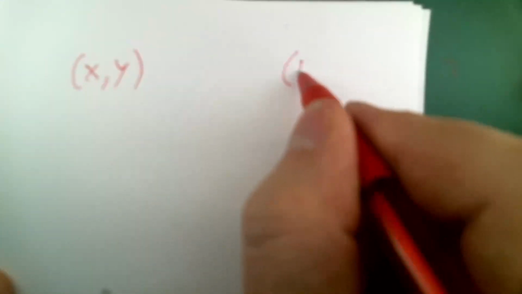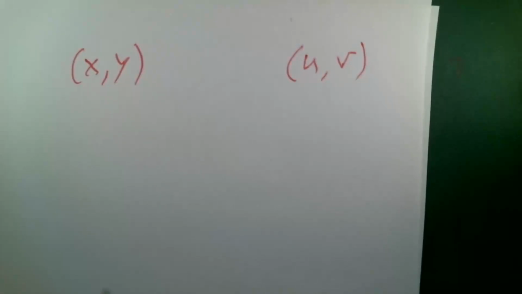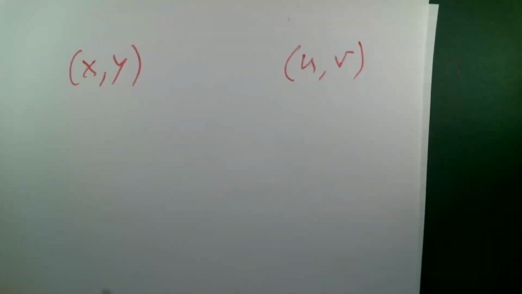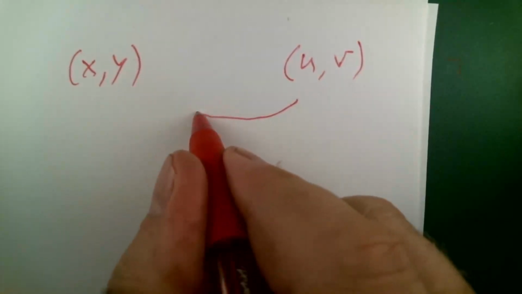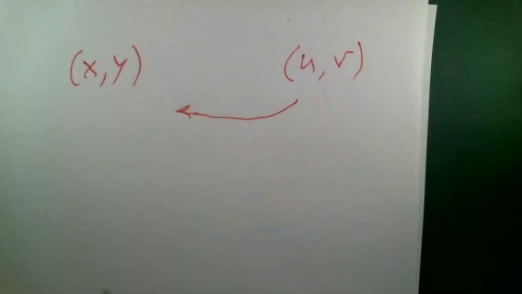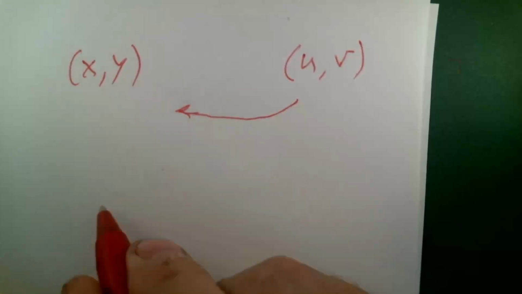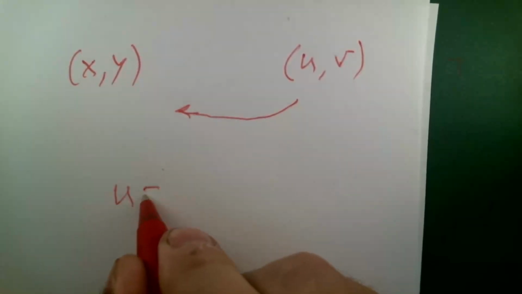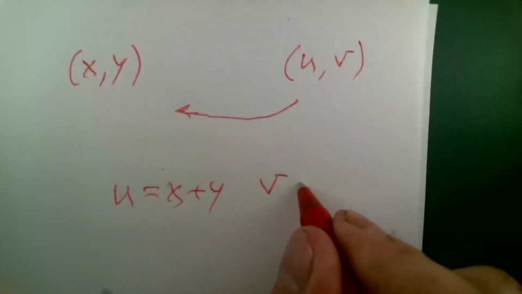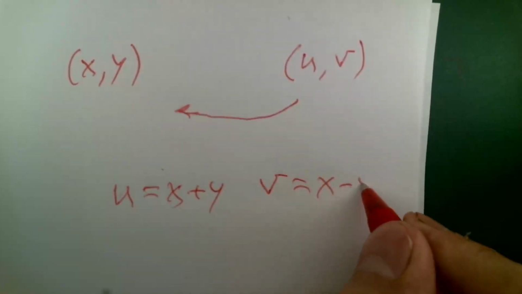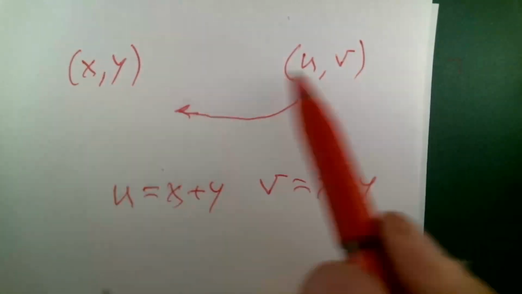Well, u is just the sum of x and y. If I said u is equal to x plus y, and v is equal to x minus y, you can figure out what x is in terms of u and v.